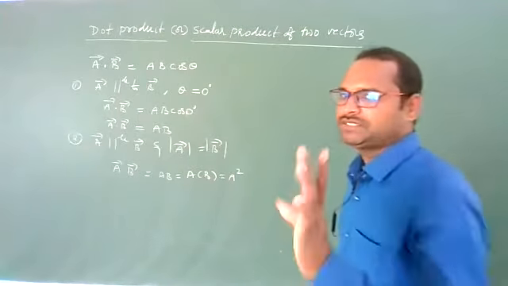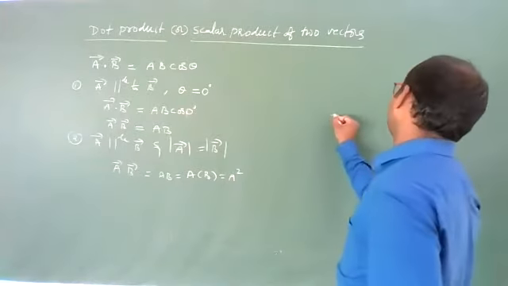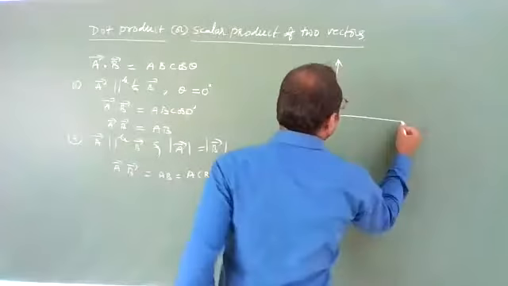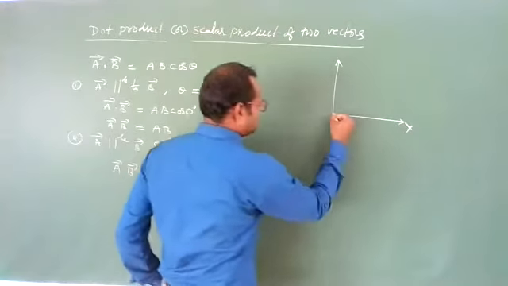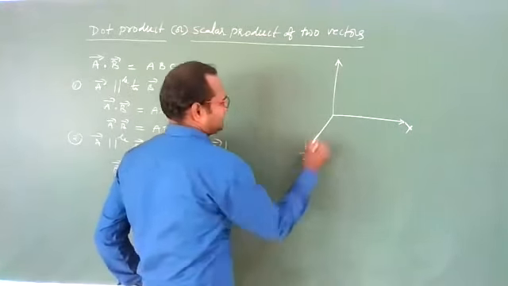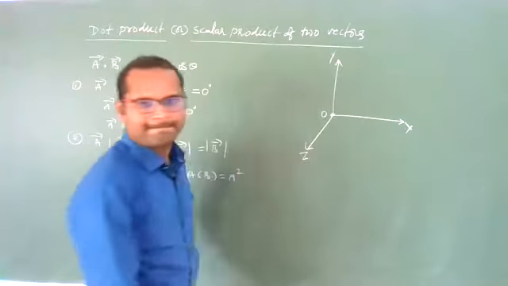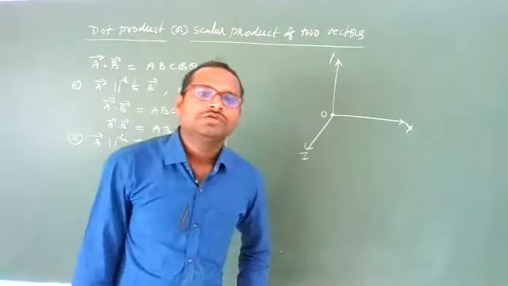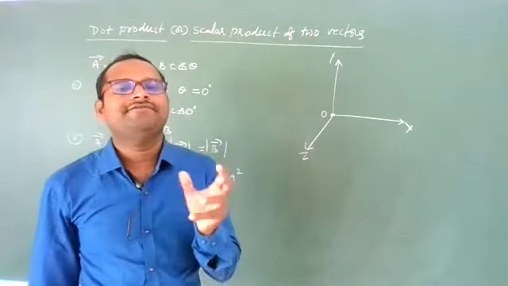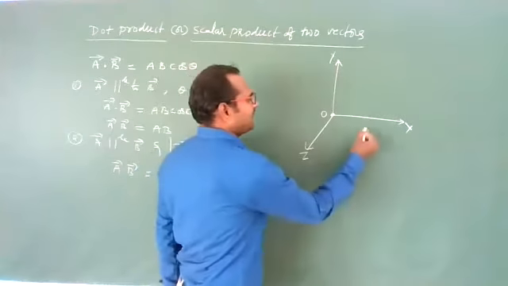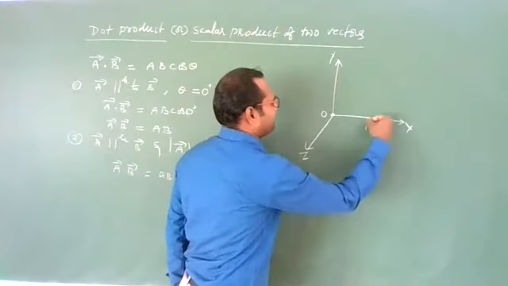Students, let us suppose we have an XYZ coordinate system, with this as the origin, this as the Y axis, and the Z axis. Now we want a vector along the X axis. Which vector will we take? We will take I cap.